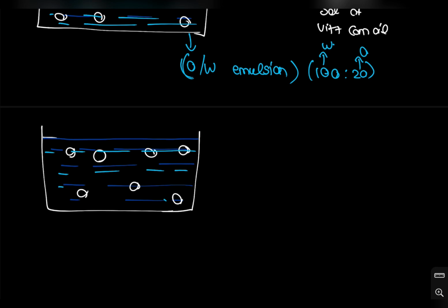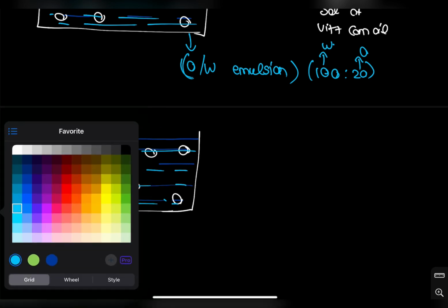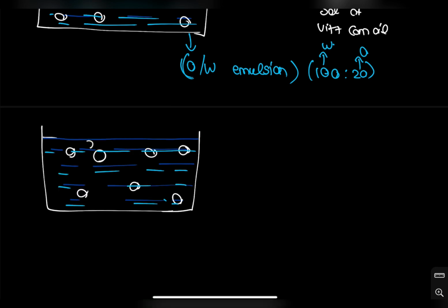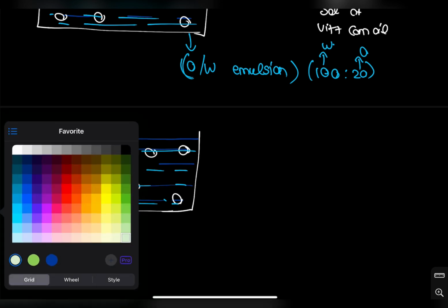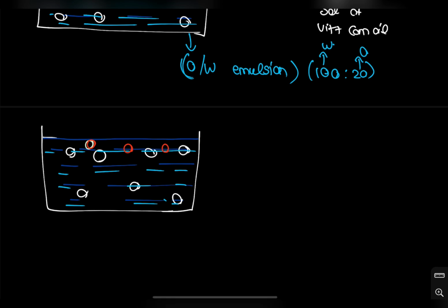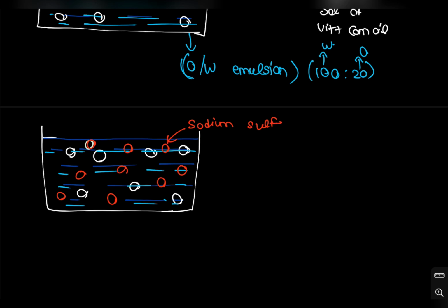But now what we are going to be adding, not this color, just hold on, red color, is a salt. As the name suggests, salt addition happens here. In this case, the salt we are going to be adding is sodium sulfate salt.